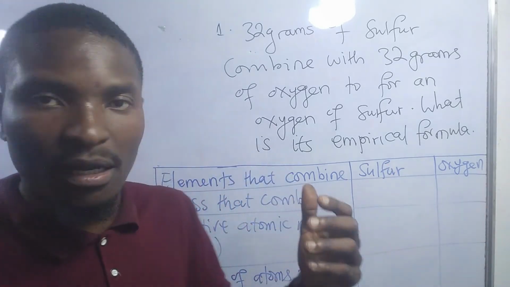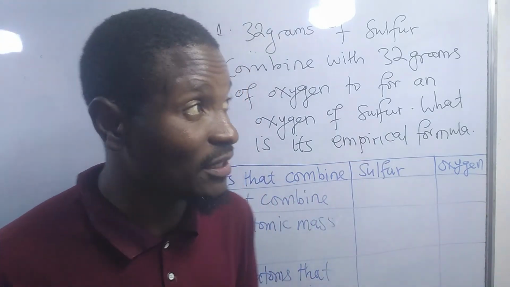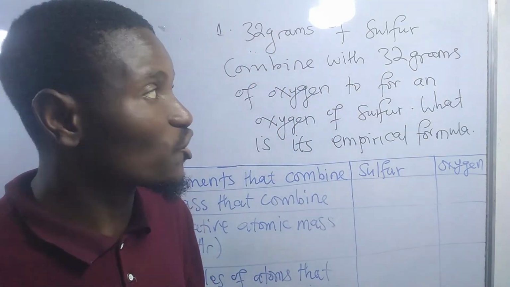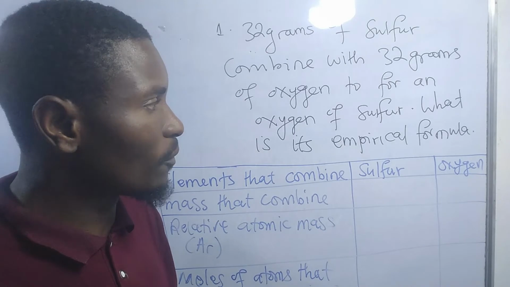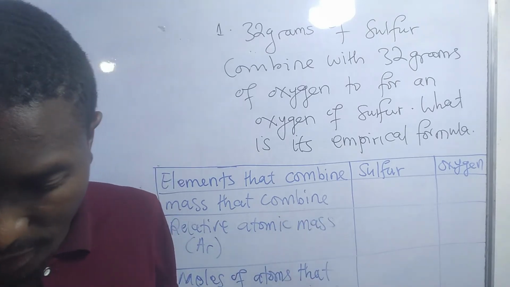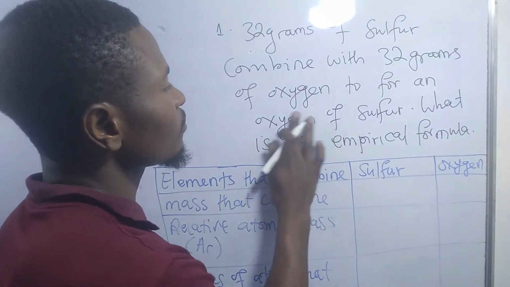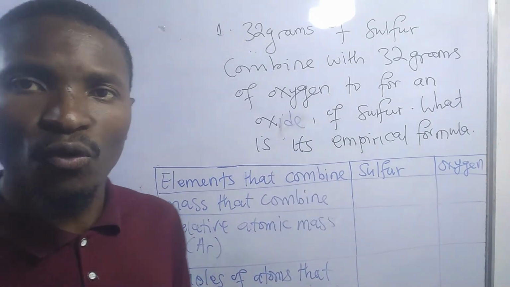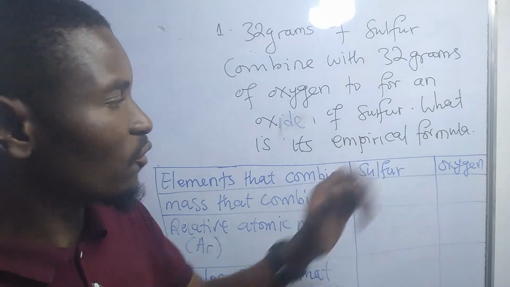It was experimentally determined that 32 grams of sulfur combined with 32 grams of oxygen to form an oxide of sulfur.